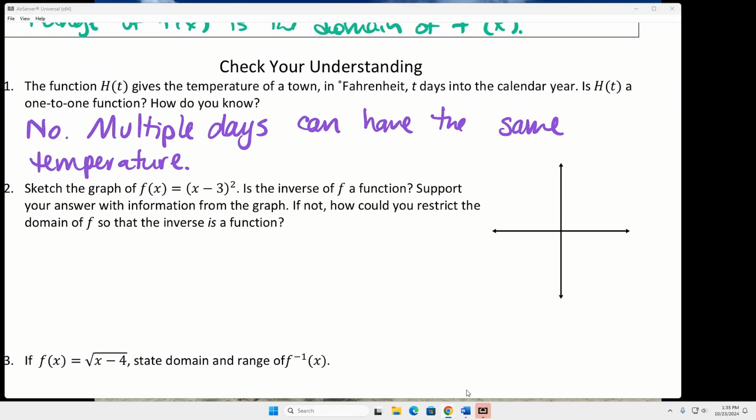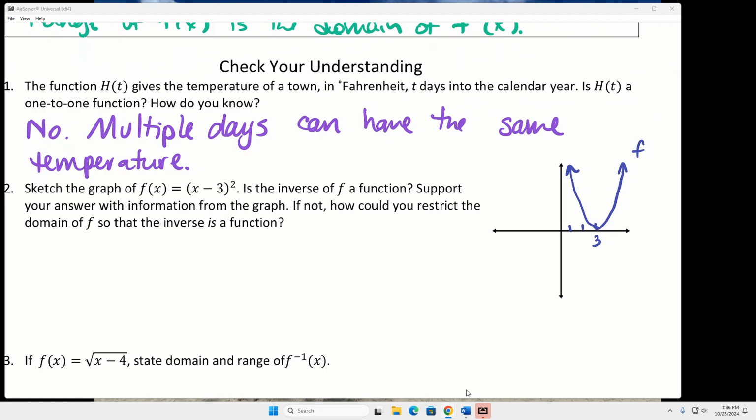Okay, so we're going to go 3 to the right. And then we're just going to draw a little parabola there. Right? And the second part says, is the inverse of f a function?